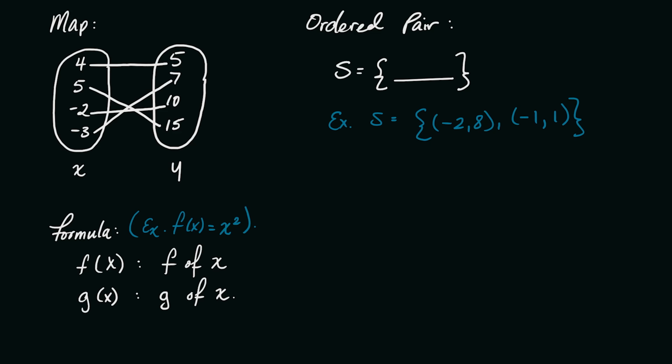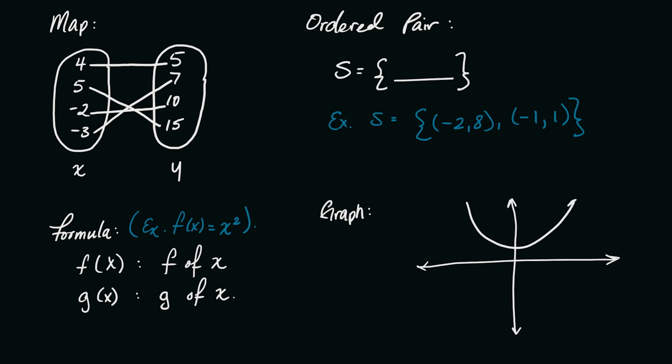Now, lastly, we have something called a graph, right? A graph is just a visual representation, just like what a map is, but it tells you more. A lot of times we do our tests on graphs. So let's say we have x squared plus 1.